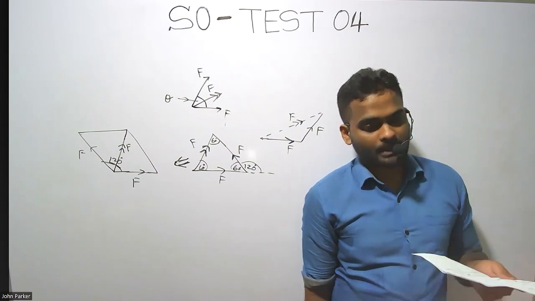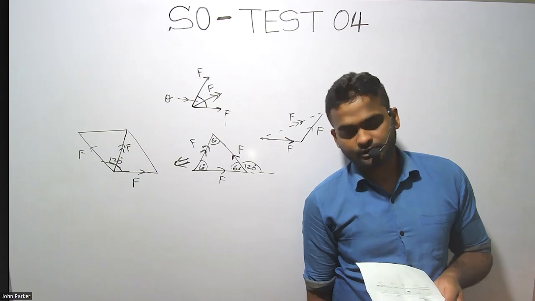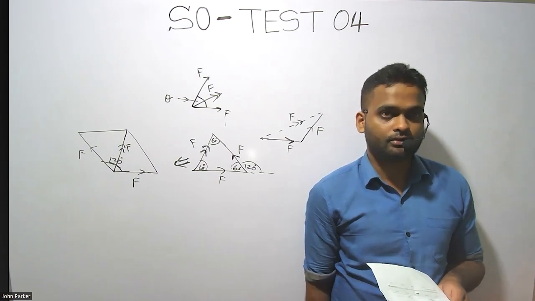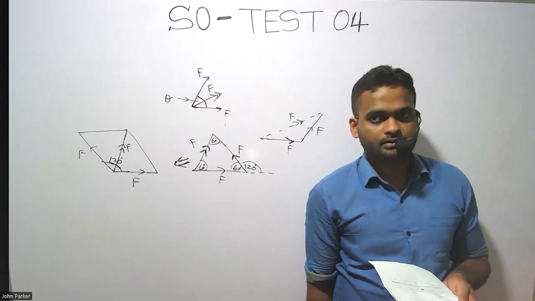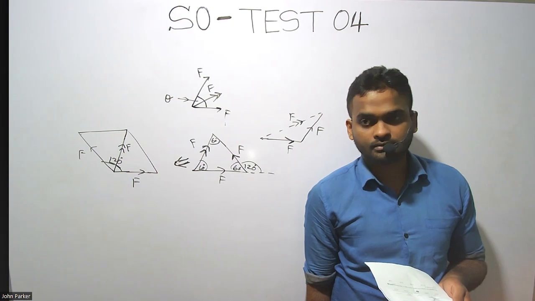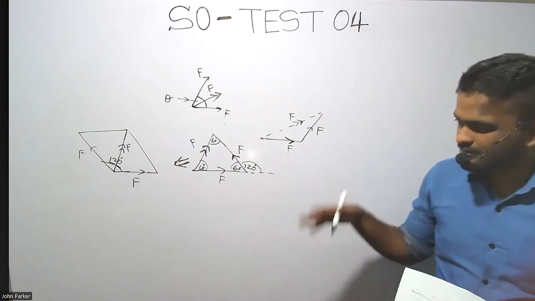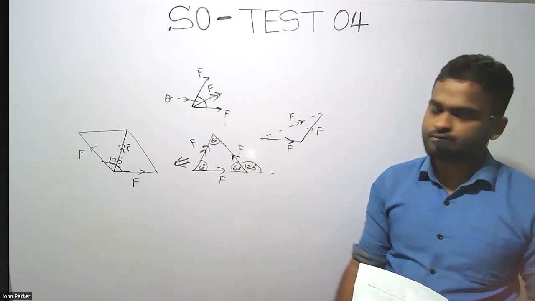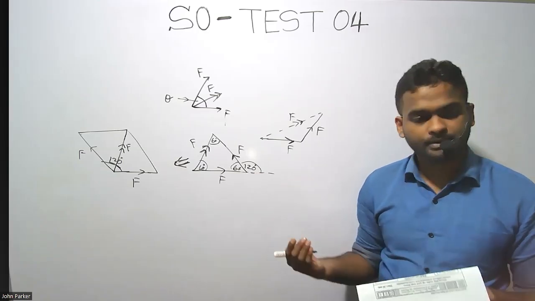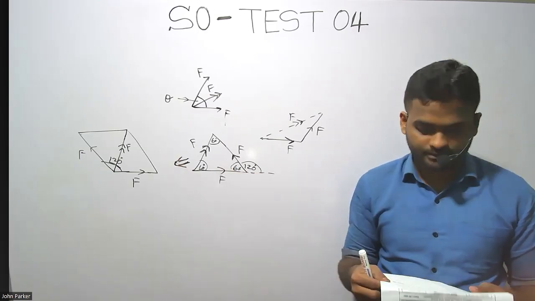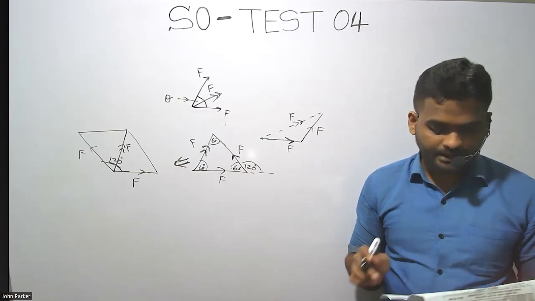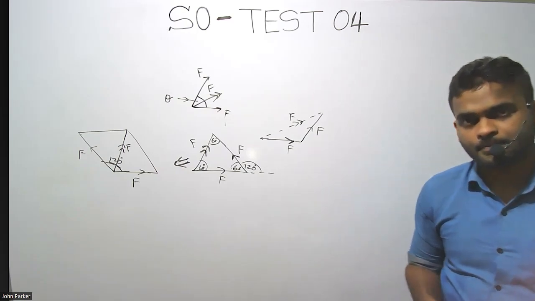I just used a parallelogram method, but in order to use that method, you need to know stuff like cos, negative cos values, right? Otherwise, in this way, you can figure out what should be the angle between those two vectors. So the answer should be the second one, 120 degrees.